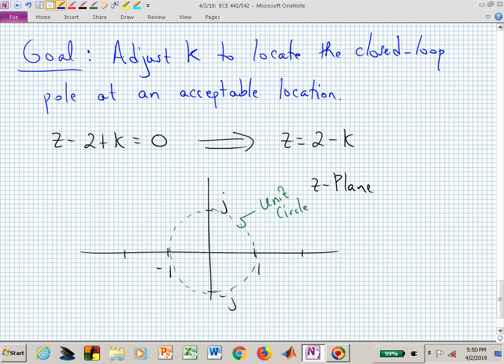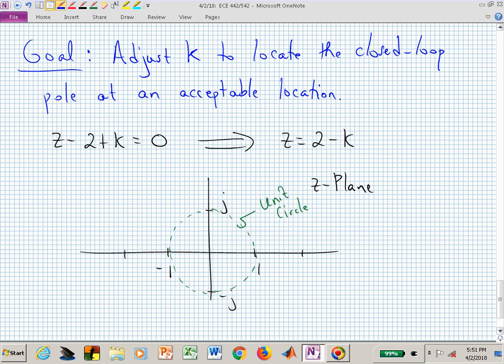What's special about the unit circle? Why do we even worry about the unit circle? That is where we want all of our closed loop poles in our system.